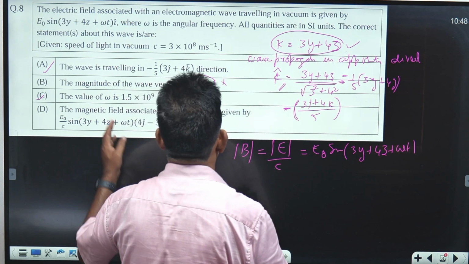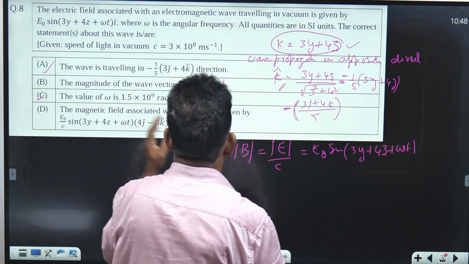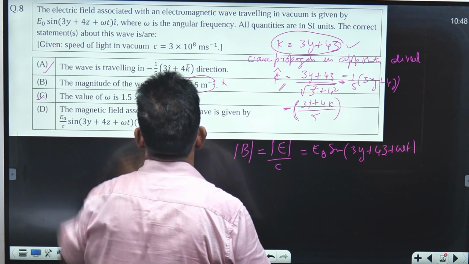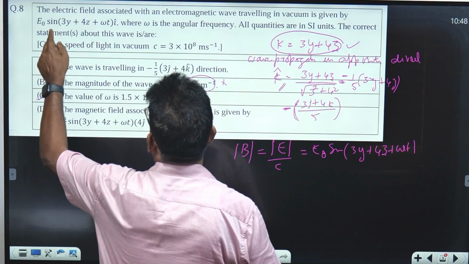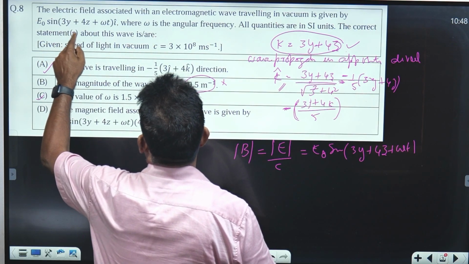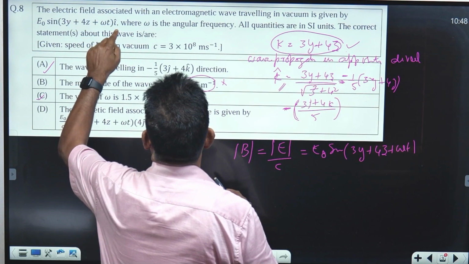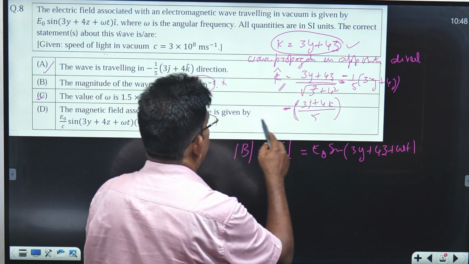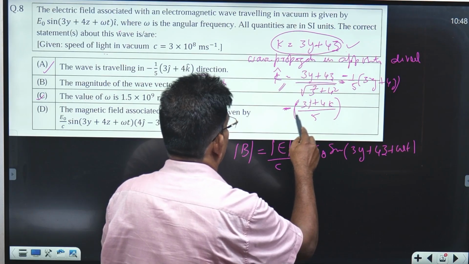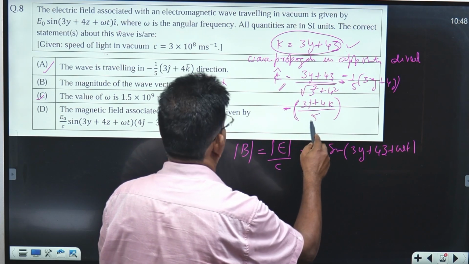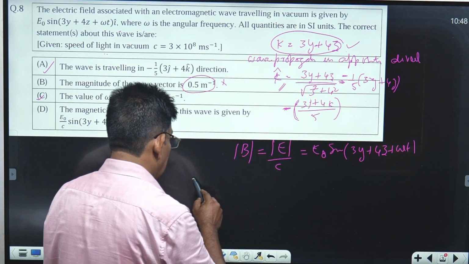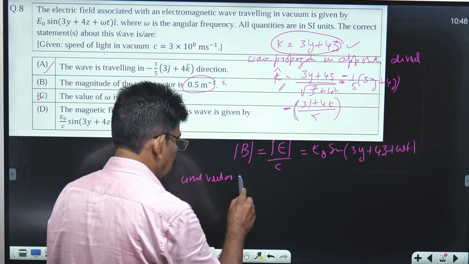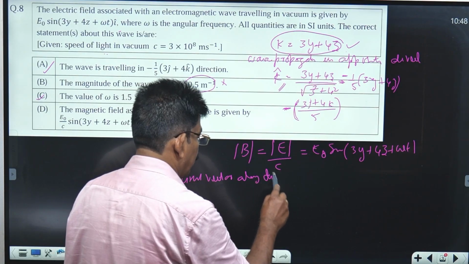The electric field is along the x direction. And the unit vector in the direction of wave propagation, we got it as minus (3j plus 4k) by 5. So I write here, the unit vector along the direction of propagation.